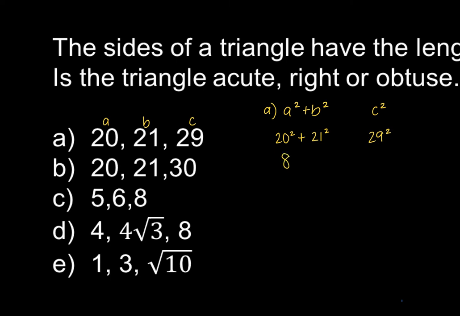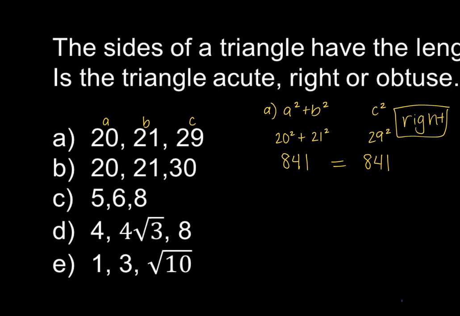So this is 841. And 29 squared is 841. Are they equal, bigger, or less than? Equal. So what kind of triangle do we have for A? It's a right triangle. Very good. So A gives us a right triangle with the sides 20, 21, and 29.